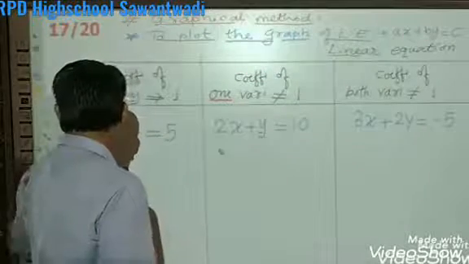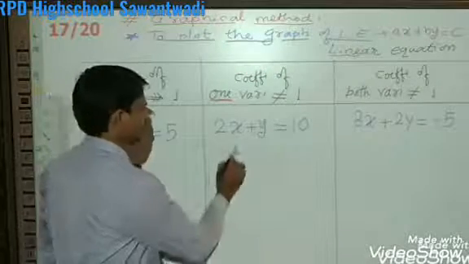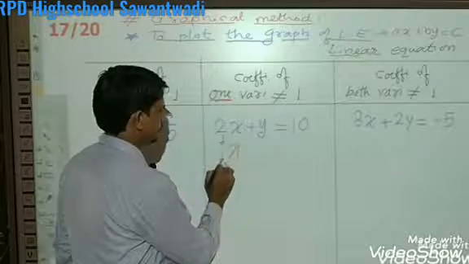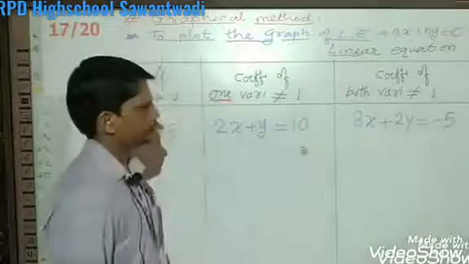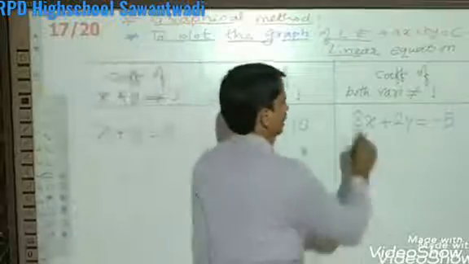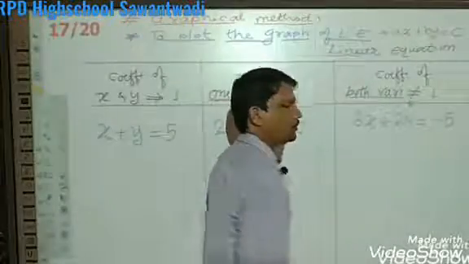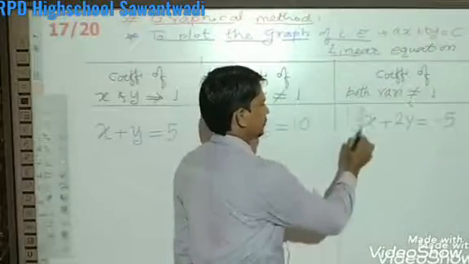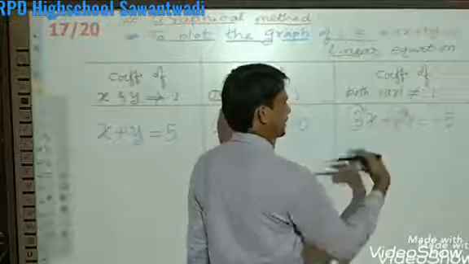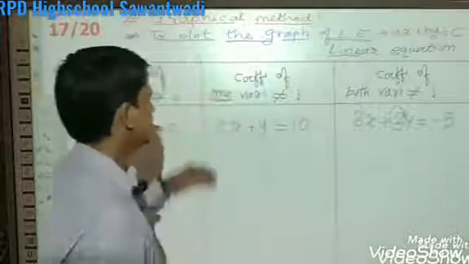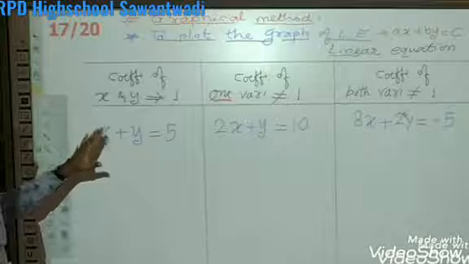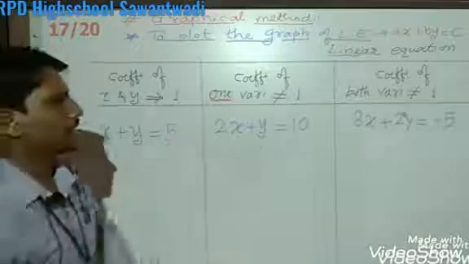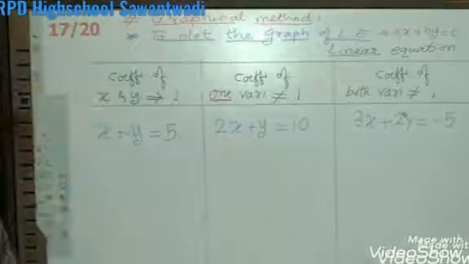Or sometimes you may get x has coefficient 1 plus 2y is equal to 10 or something like that. Understood? And in the third case, both variables do not have coefficient 1. It is other than 1. Then how to plot the graph of all three kinds of equation, that we will see.